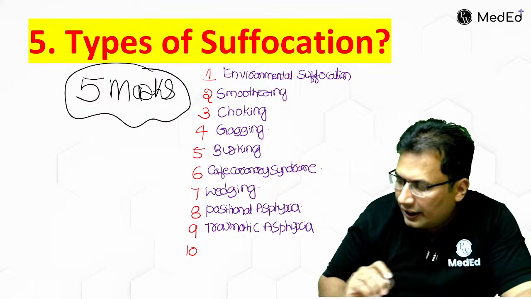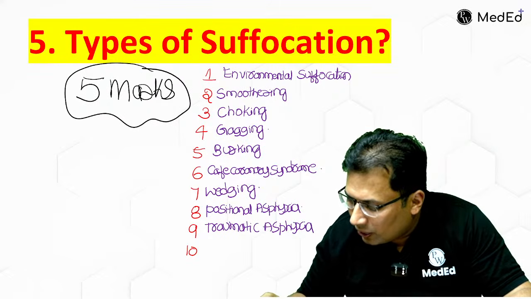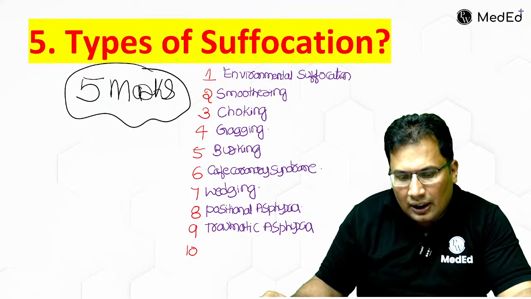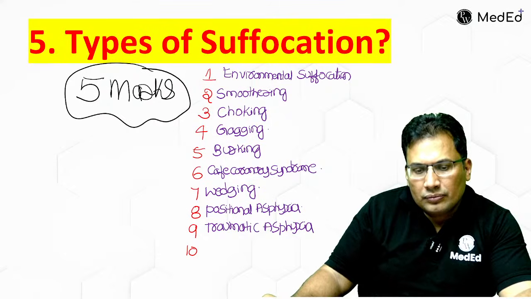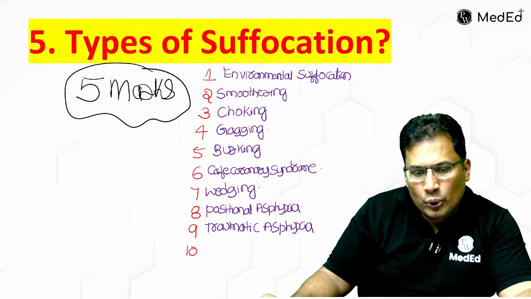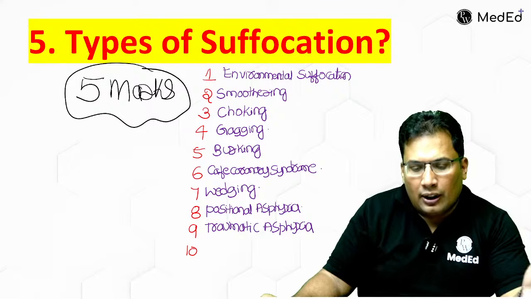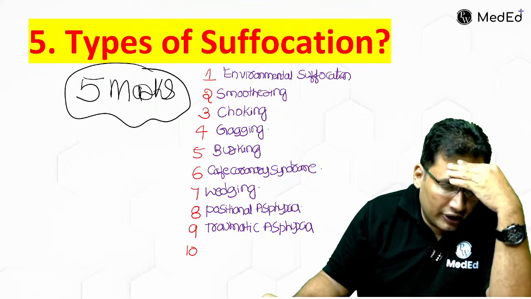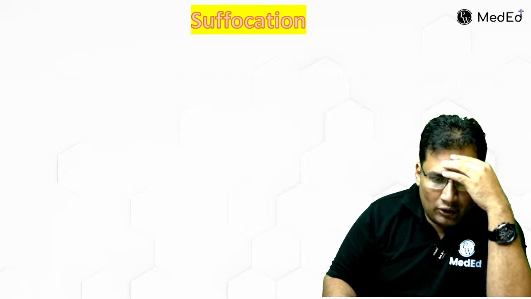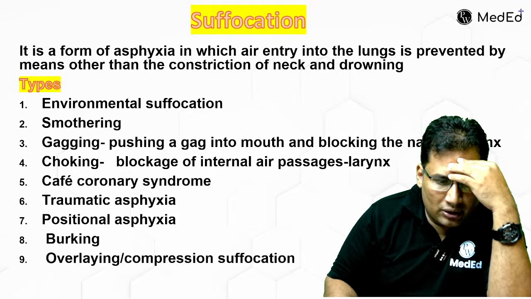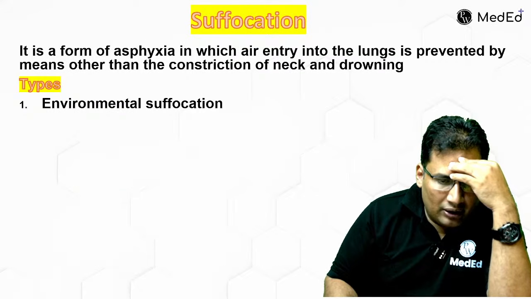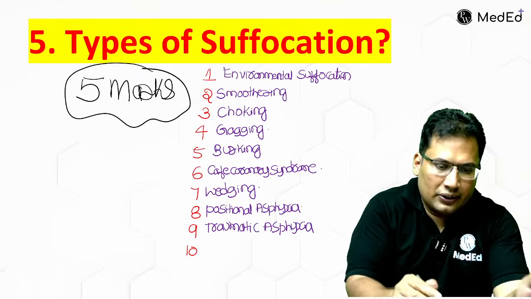And lastly, any other method? Cafe coronary, gagging, burking, overlaying. Okay, very good. Any other type other than this? Choking done, cafe coronary done, wedging, positional asphyxia, traumatic asphyxia. One more, anything from the standard textbook? The one I forgot is overlaying. Yes, some student answered me. Yeah, overlaying. Good.